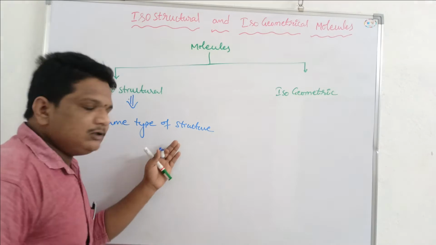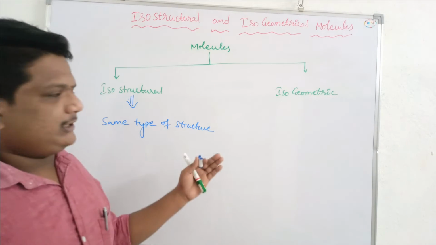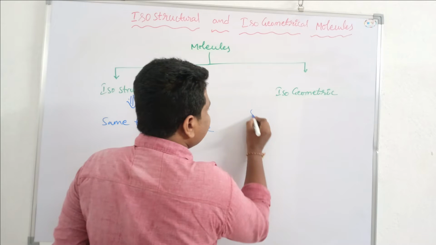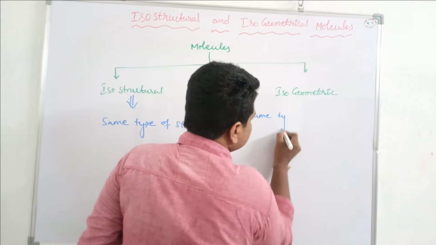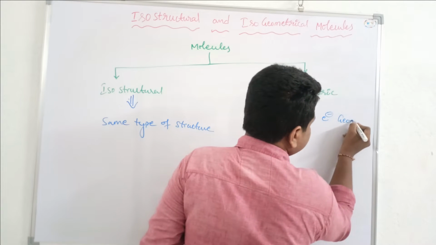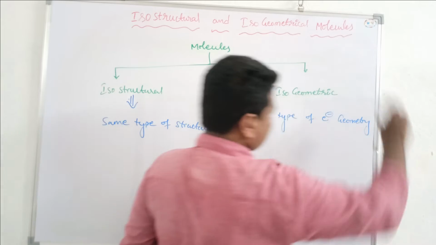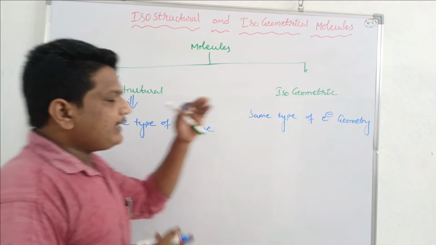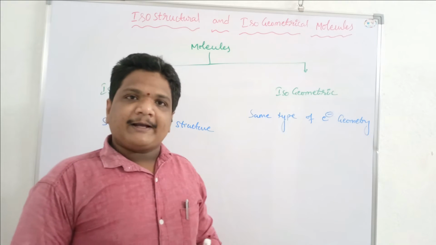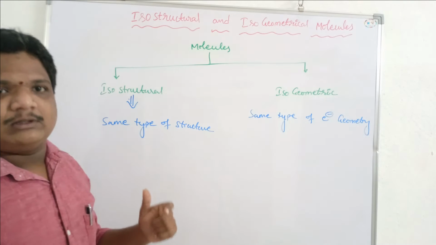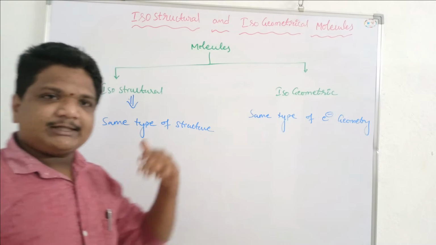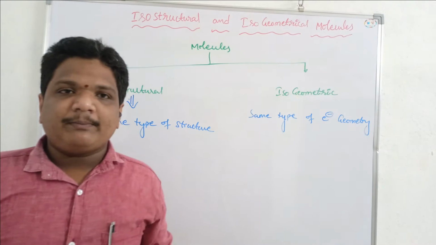Isogeometric molecules have the same type of electronic geometry, or identical electronic geometry. In this way, based on shapes and geometries, molecules are classified into two types: isostructural molecules and isogeometric molecules.